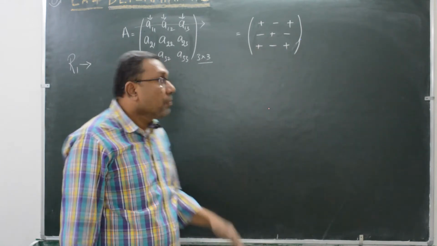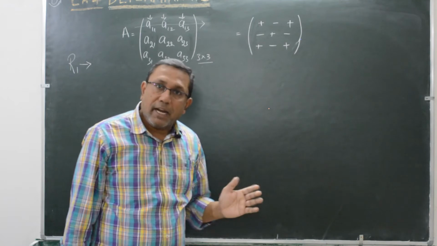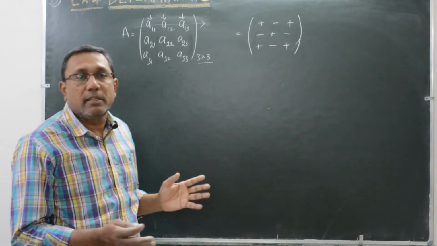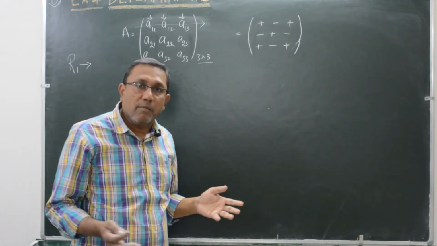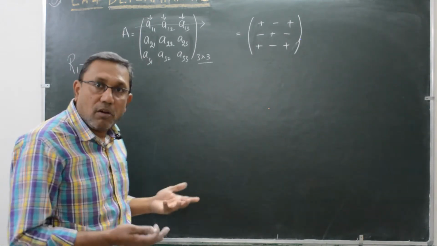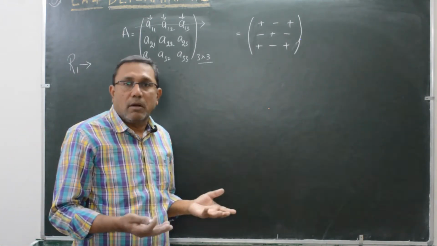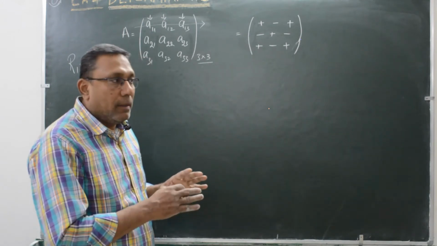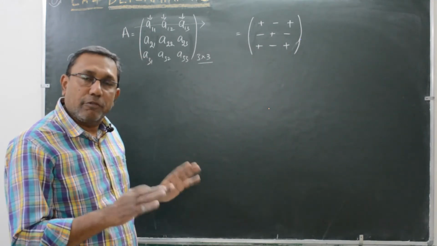This is applicable only when finding the determinant value. You can expand from any row or column: the first row, second row, third row, or even the first column, second column, third column. You can expand and find the determinant value.